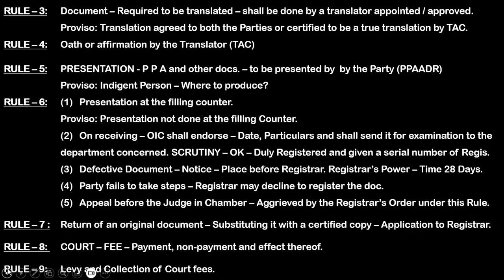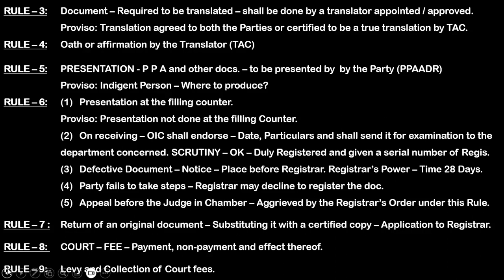Where, however, the defect noticed is formal, the registrar may allow the party to rectify the same in his presence. But in other cases, he may require the party to obtain an order from the court permitting the party to rectify the same, and for this purpose may allow to the party concerned such time as may be necessary, but not exceeding 28 days in aggregate.